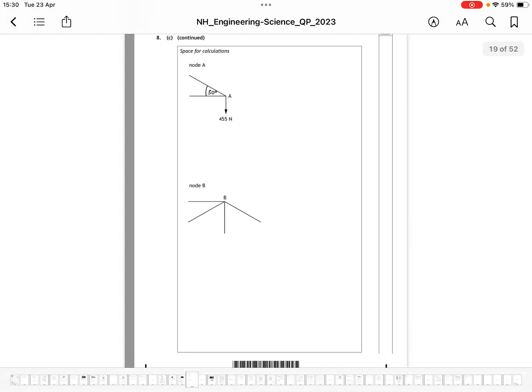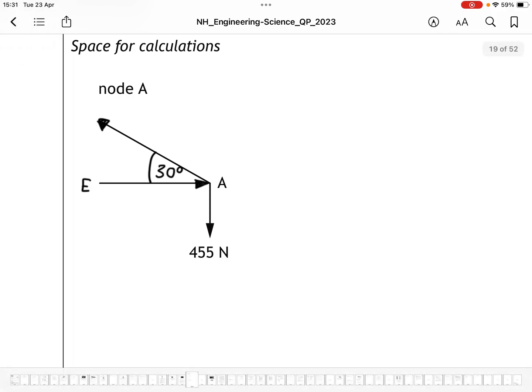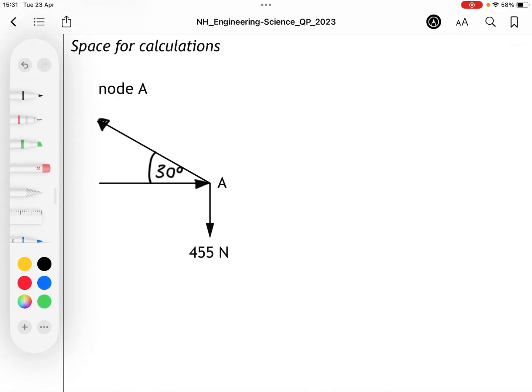So if AB is a tie, then the internal forces are going to be acting away from the node, and AE is a strut, so that means that those forces are going to be acting towards the node. I'm just going to label this as AB and this as AE.